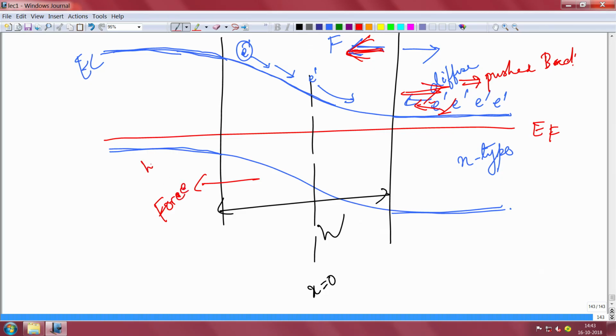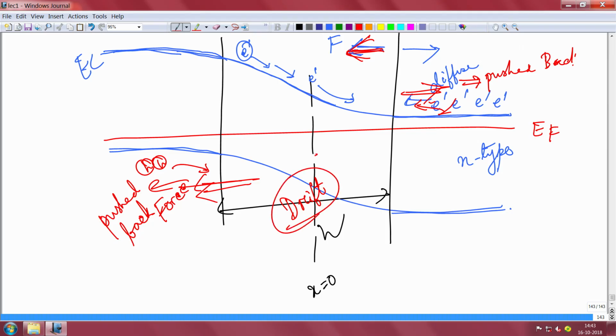So, whatever holes are here, if they try to diffuse to the other side, because it is lower concentration, the field is in this direction, so holes will be pushed back in this direction. So, holes also will not be able to go to the other side. So, the drift that is happening in this depletion region will exactly balance out the diffusion tendencies of electrons and holes from both sides, the diffusion component.